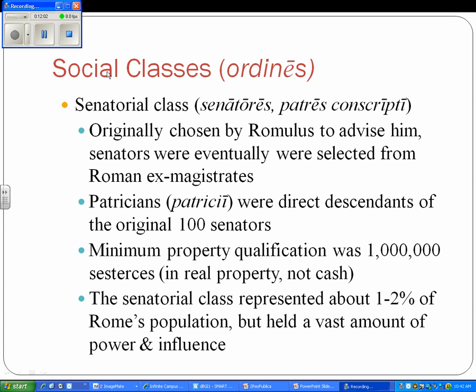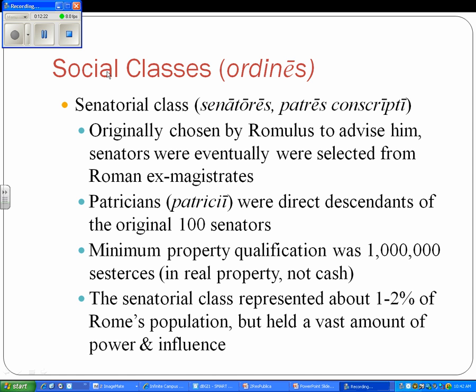Okay, on to the third bullet point. As I think you know from our discussion of Roman clothing, the Roman social classes were based on property value owned by that individual, or in some cases that individual's family.